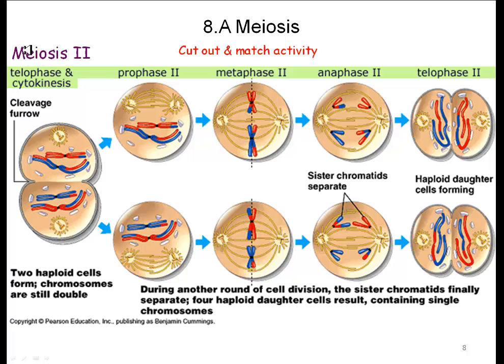Meiosis 2 is very much like mitosis, but now we're splitting them up, and we end up making what are called haploid cells, where we have half the information in each cell. Now we have 4 haploid cells, which can go through fertilization and make a diploid organism.